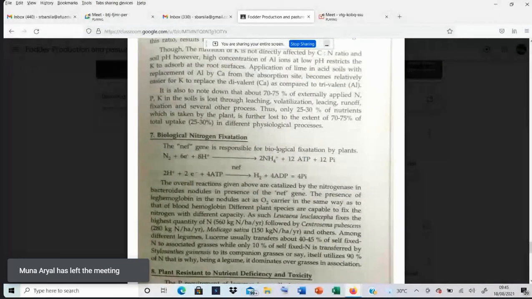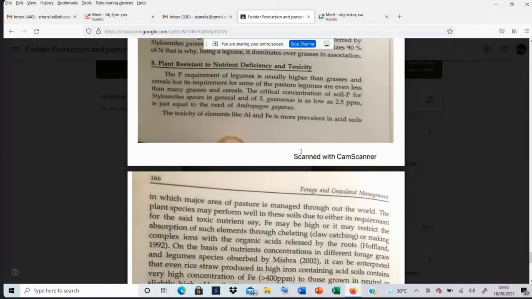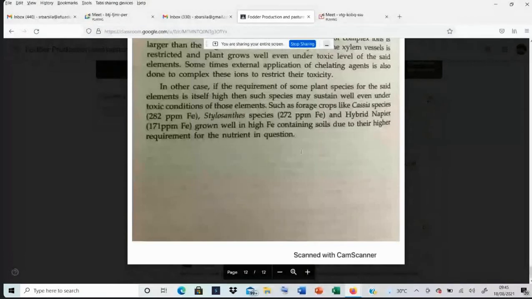Then biological nitrogen fixation that you have studied in some field crops. The principle is the same and you know this. Then plant resistance to nutrient deficiency and toxicity: just as for nitrogen deficiency, how the plant is resistant to phosphorus deficiency, especially for legumes, okay.